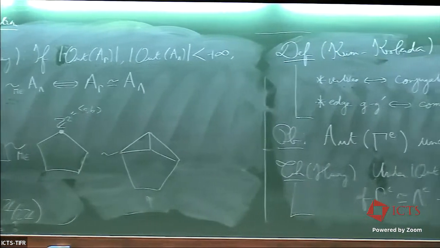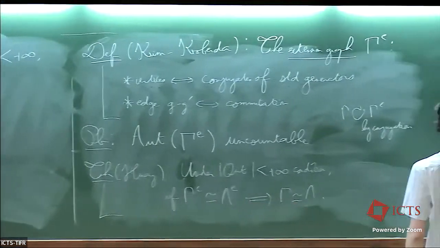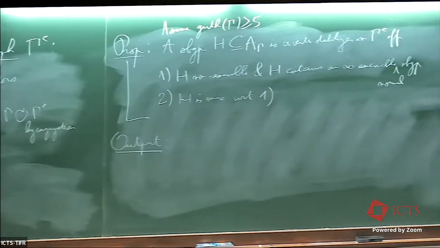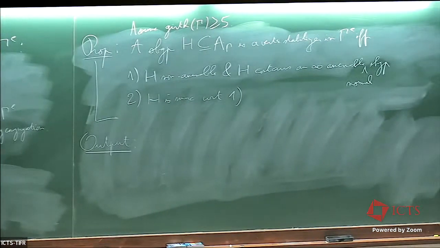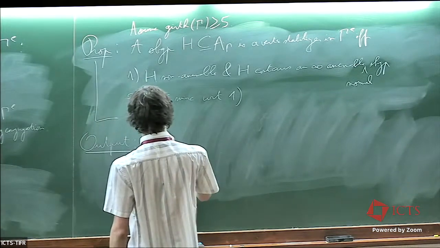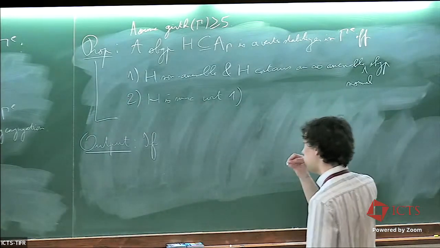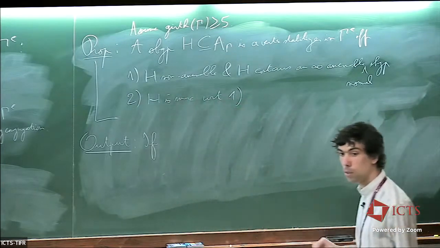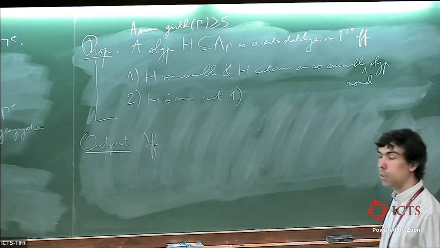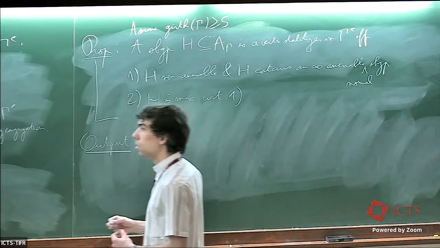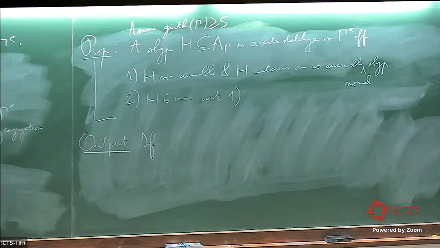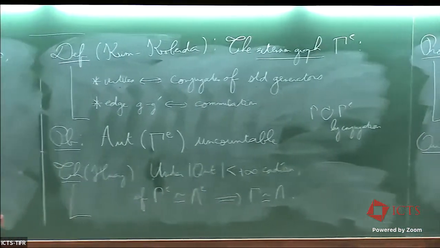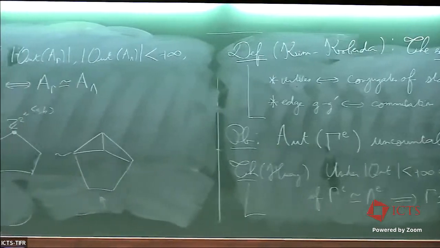Okay, and what is the output of all of this? You have the same thing. So you have amenability of the boundary.